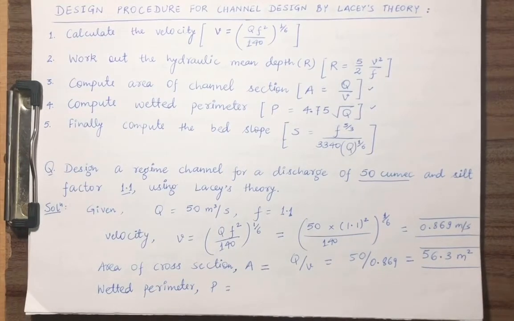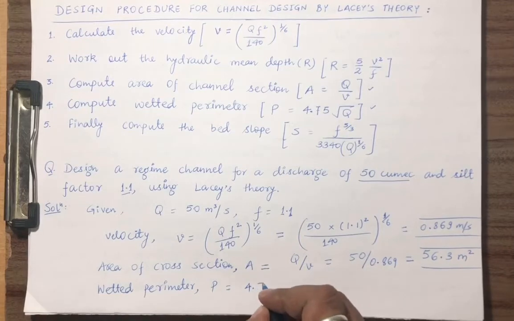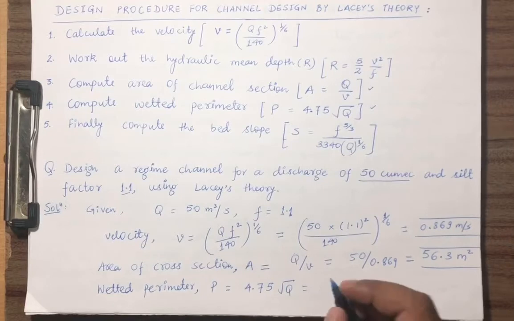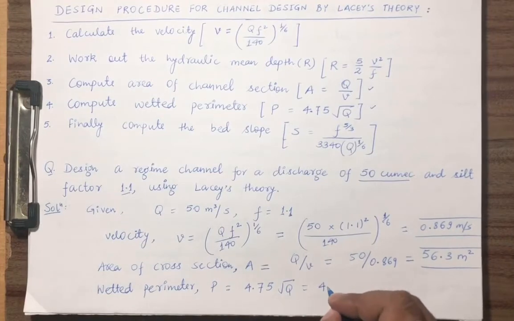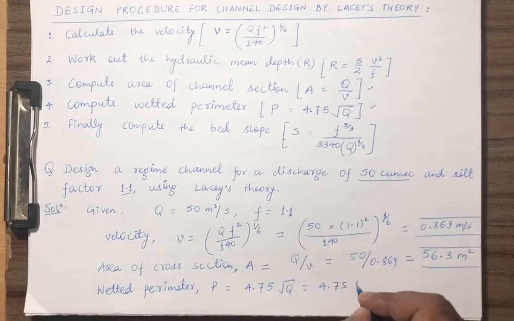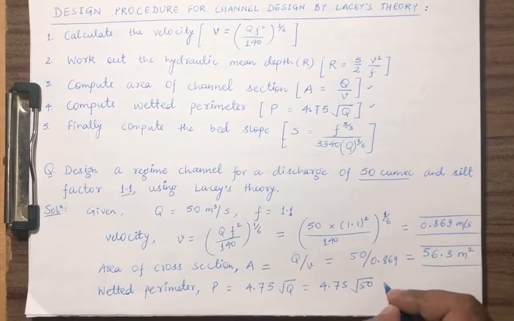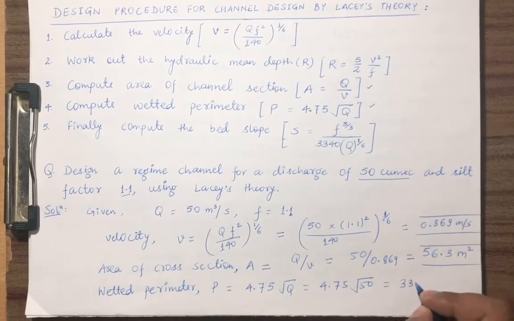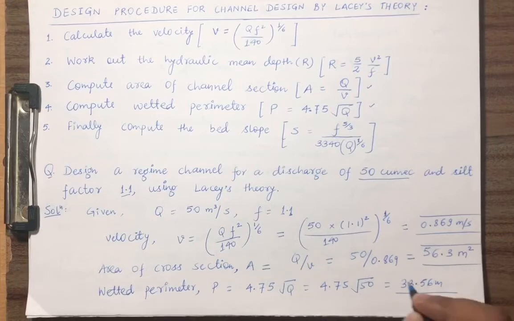Now the wetted perimeter is 4.75 root over Q. So 4.75 root 50, it is coming 33.56 meter.